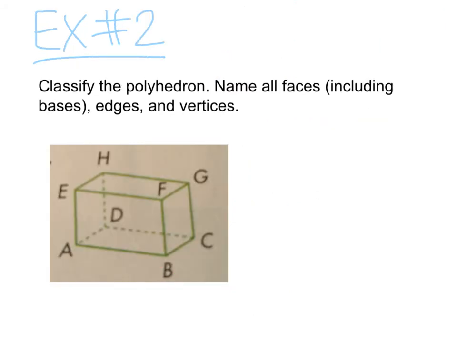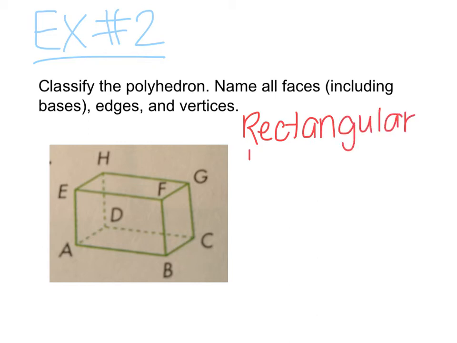Example 2, we're doing the same thing. So again, if you look back at the picture from the beginning, you should be able to compare and tell that this is a rectangular prism. Now let's start with the faces. Remember, the faces are like the sides.